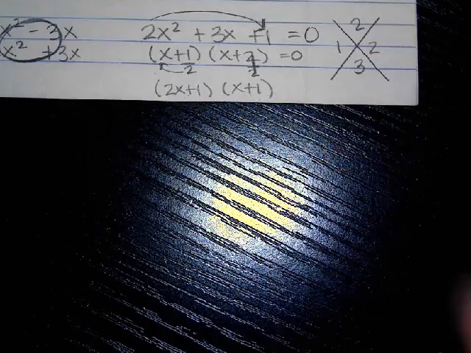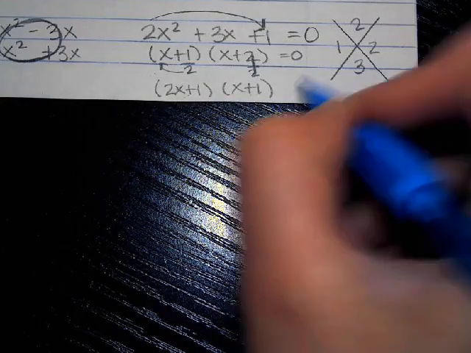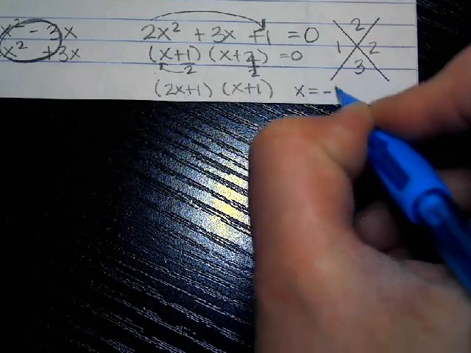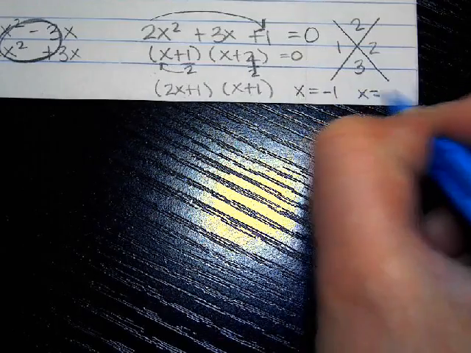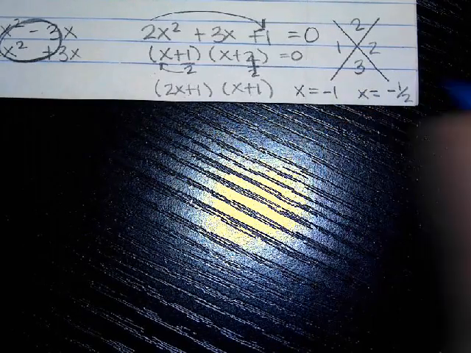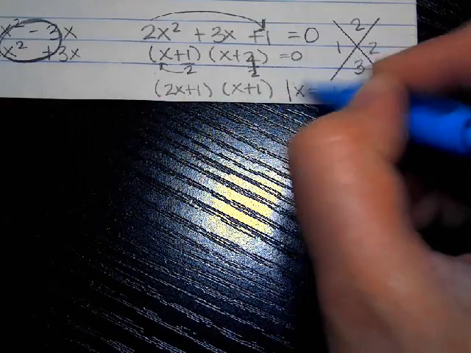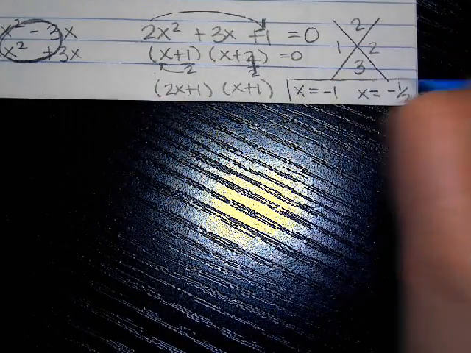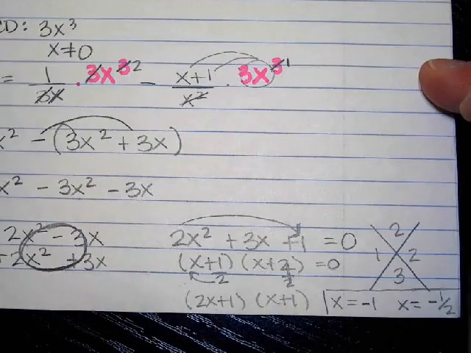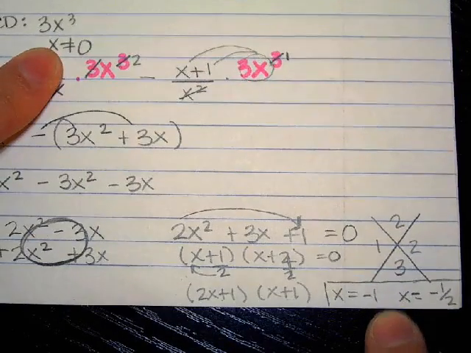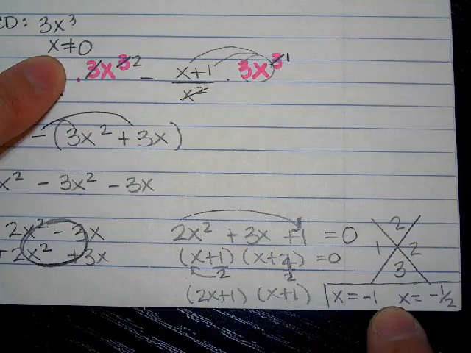Okay, and now let's compare those two solutions with the excluded value. What was the excluded value? The excluded value is 0. So are these answers an issue when compared to our excluded value? They are not. So those are a good answer.